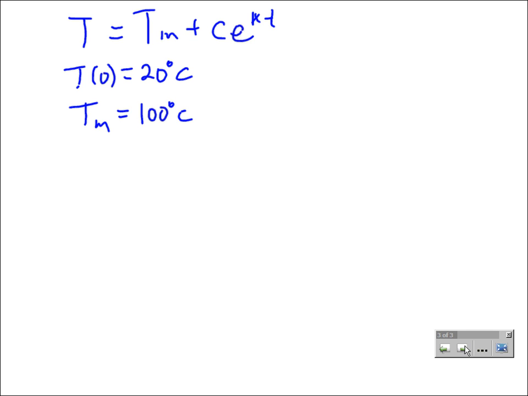Okay, so let's read it again. A piece of metal whose initial temperature is 20 degrees Celsius is dropped into a container of boiling water.